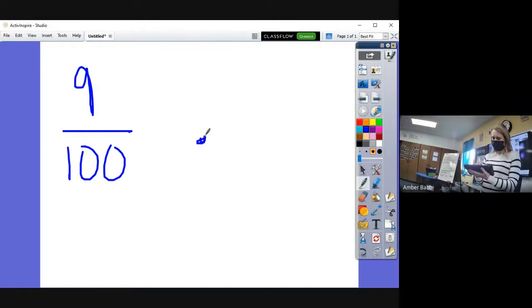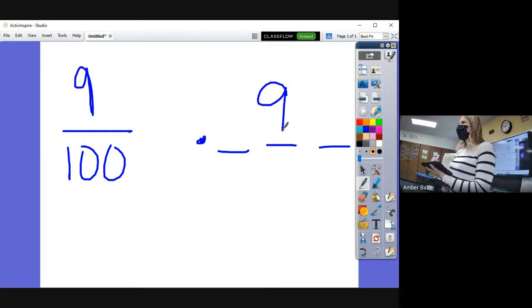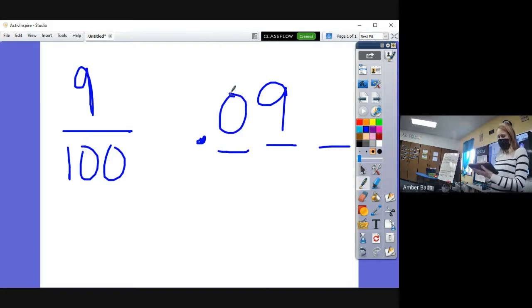Now, here's my decimal. Which spot is the hundredths spot? The second one, the middle one. Okay, I need to put something to save my place. Zero in the tenths. Those are equivalent. That is that fraction turned into a decimal.